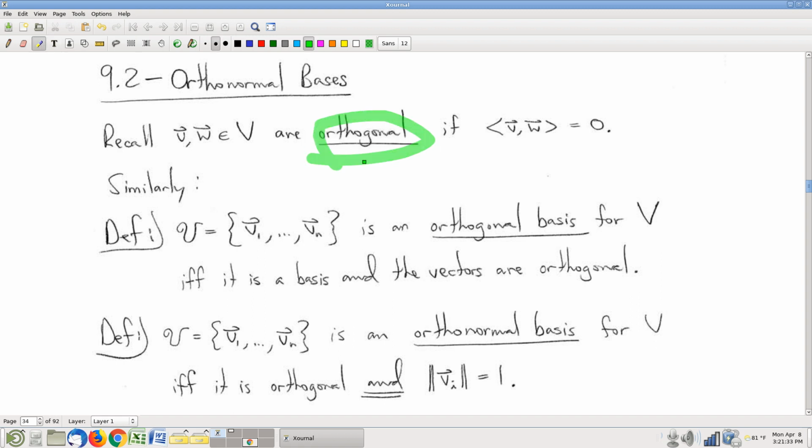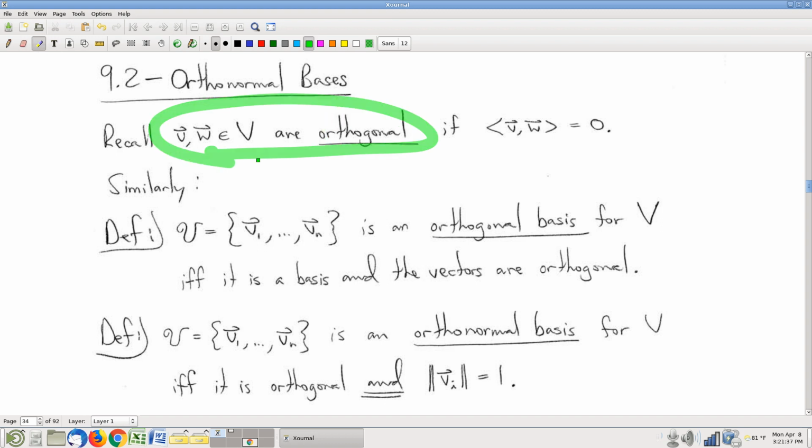Things that you can do with orthogonality. So a quick reminder, what does it mean for two vectors to be orthogonal? Well, in Math 212, orthogonal just means the dot product is equal to 0. So it means something very close to perpendicular. Not quite the same.